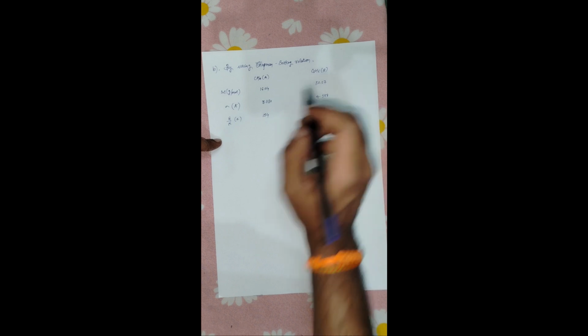Okay, so now I'll let you know how we have written down the value of collision diameter and epsilon by k. So this is from the table. I hope you are able to see well. Yeah, so here in terms of hydrocarbon we have methane CH4.